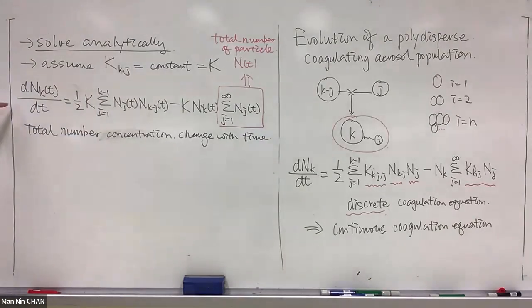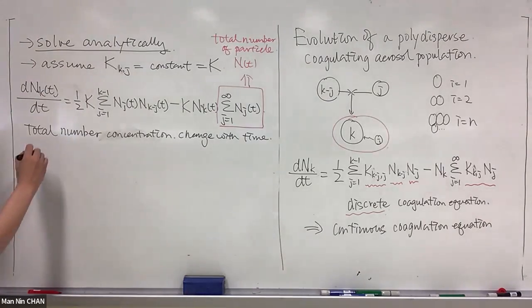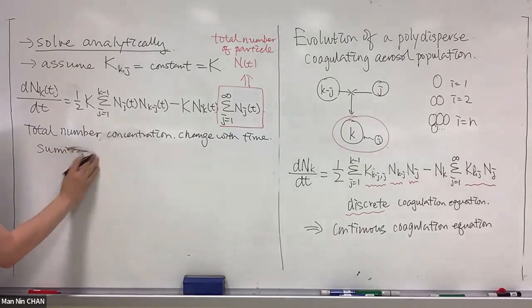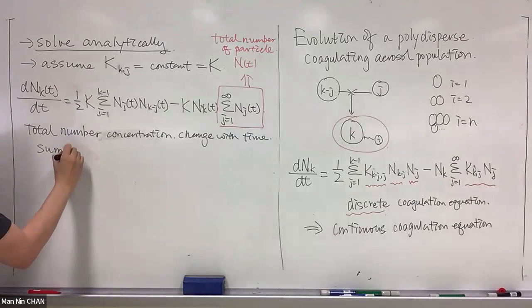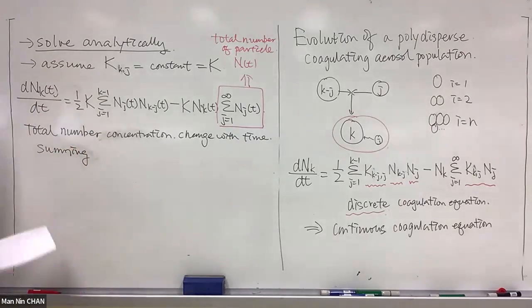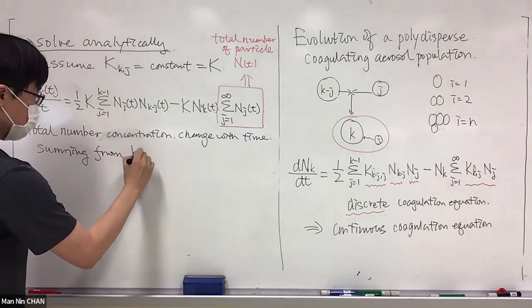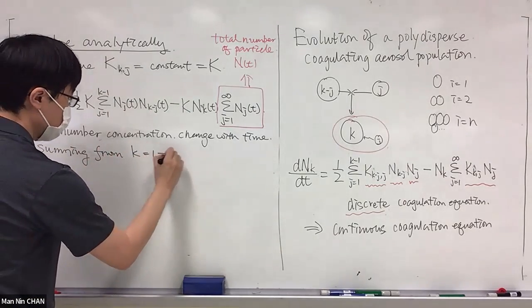So we can do this by just adding them all up. This is just N_k. If you want to look at how the total number concentration changes with time, we can also do the summation, adding all the N_k from 1 to infinity.